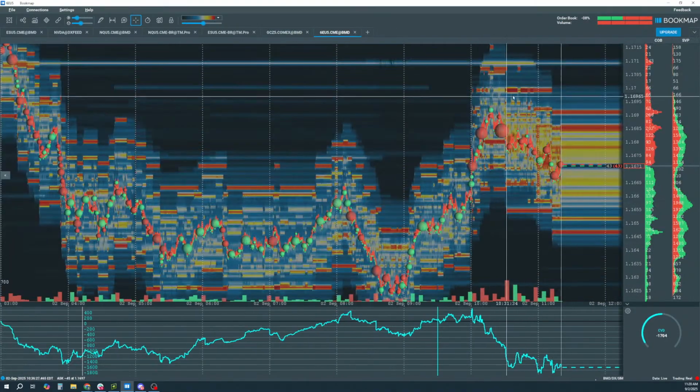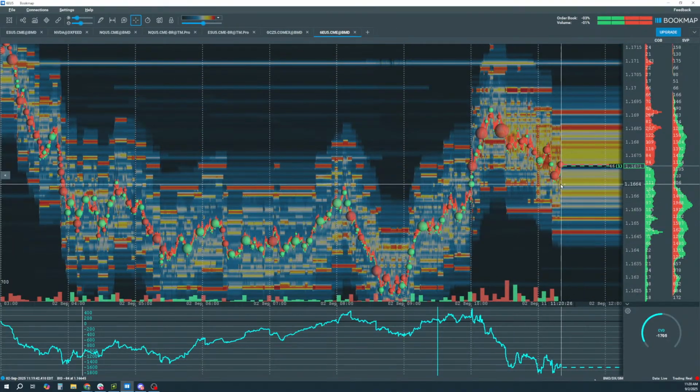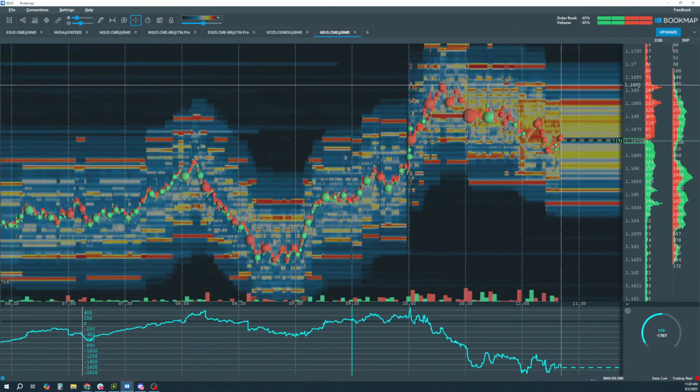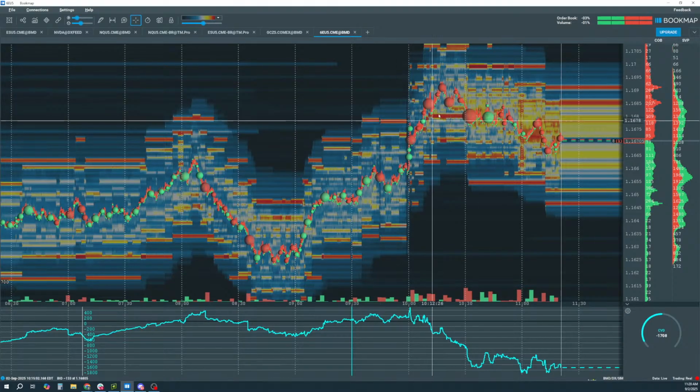How's Euro dollar? Also, it looks to me like it's kind of flagging here. It's a weird move.